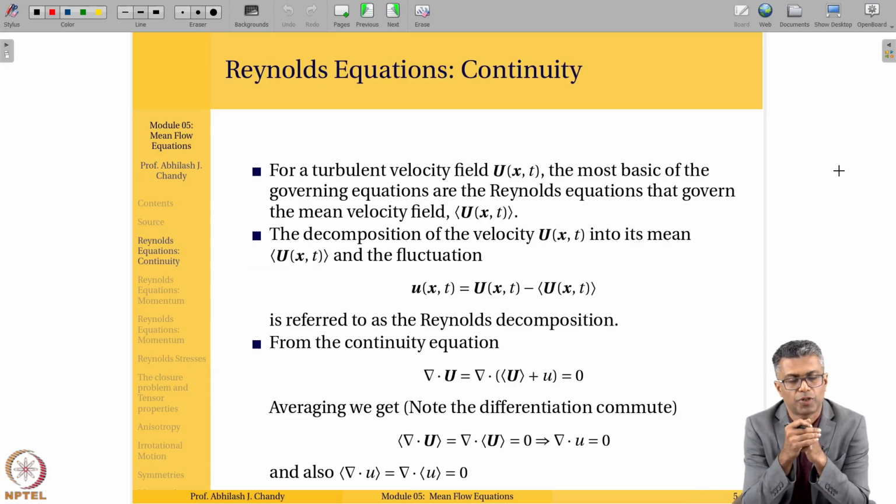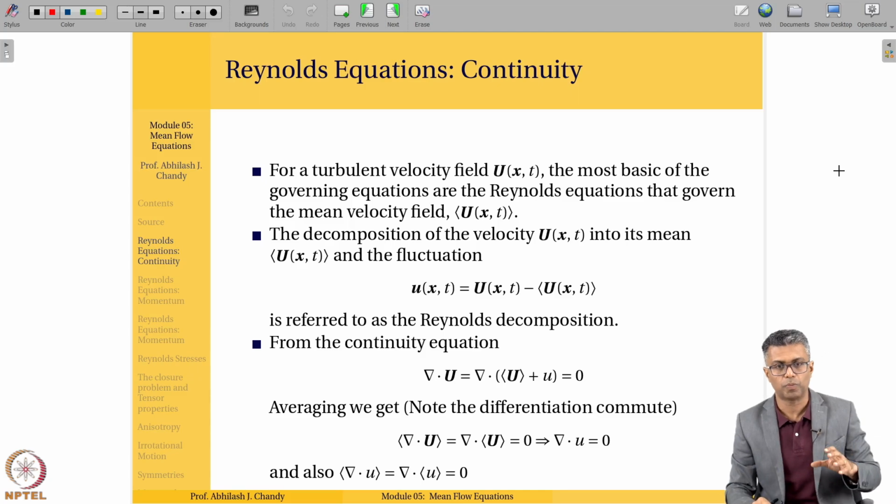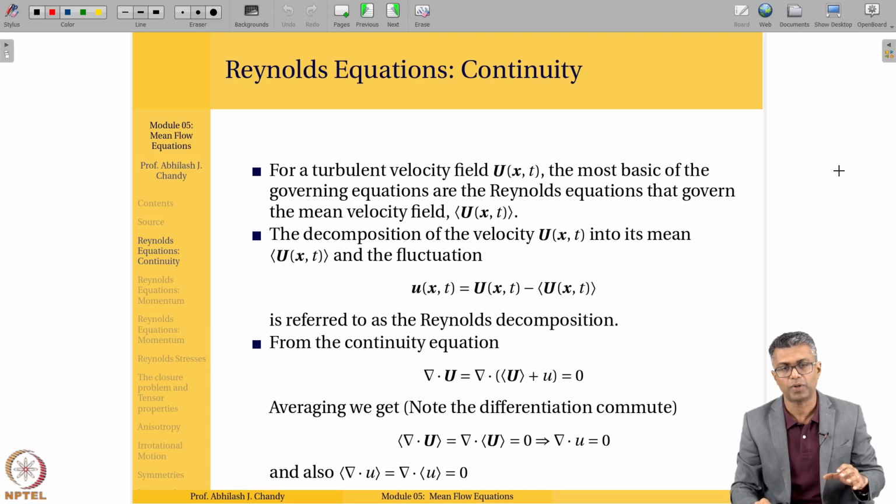So let's start with the continuity equation, and here we are going to derive the Reynolds equations for the continuity and momentum. Now if you look at a turbulent velocity field, we know it is a vector. It has three components, u1, u2, u3.